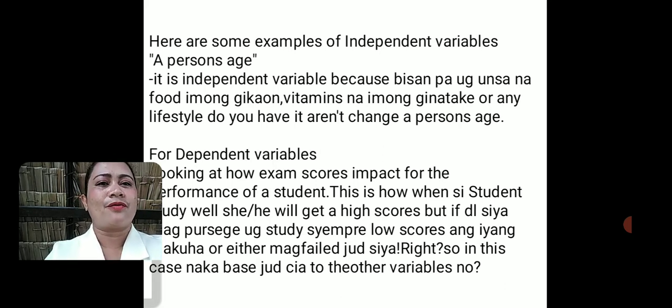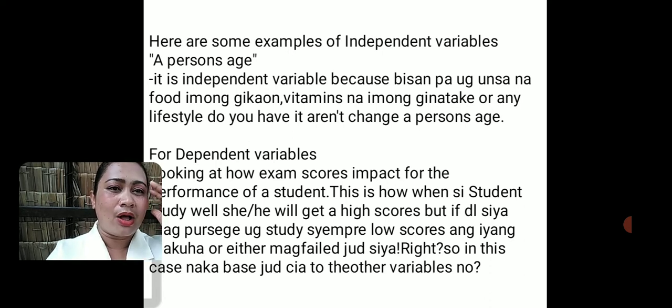Okay. So, for dependent variables, look at how exam scores relate to the performance of a student. When students study well, they will get high scores. But if they don't keep studying, of course they will get low scores or even fail, right?